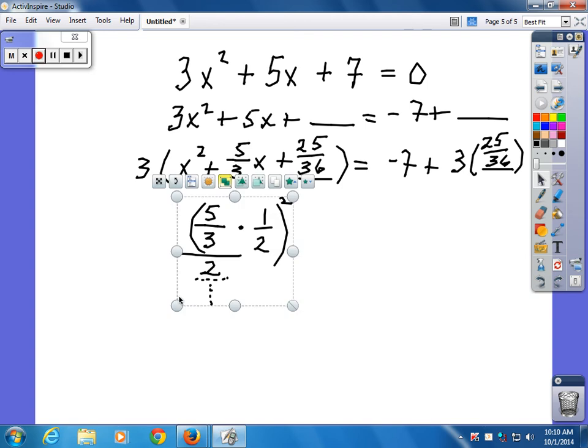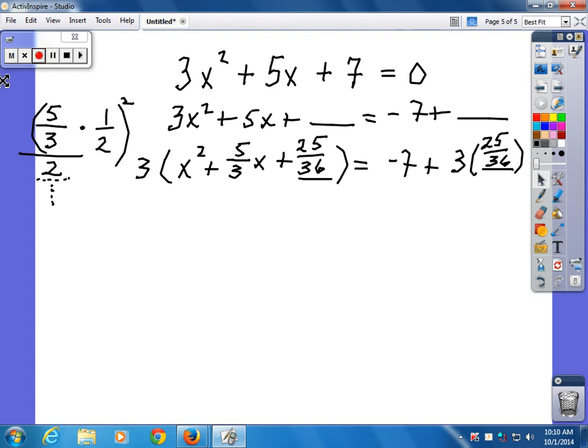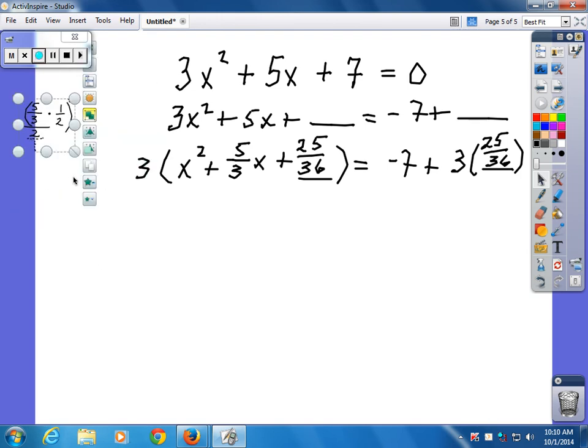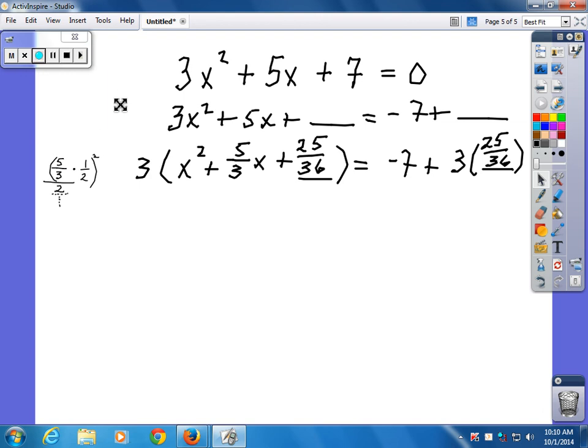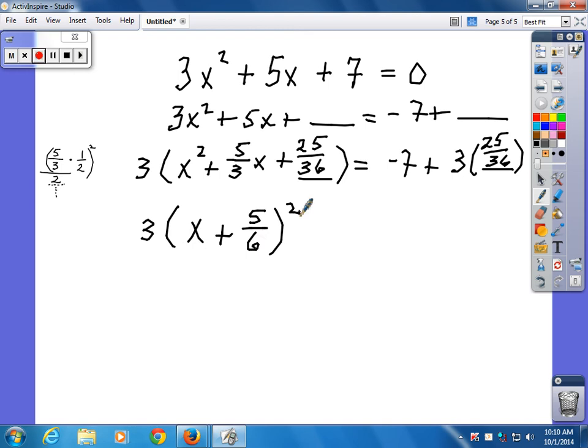Now it fits. 3 times x plus 5/6 quantity squared is equal to -7 plus 3 times 25 over 36, which is 75 over 36.